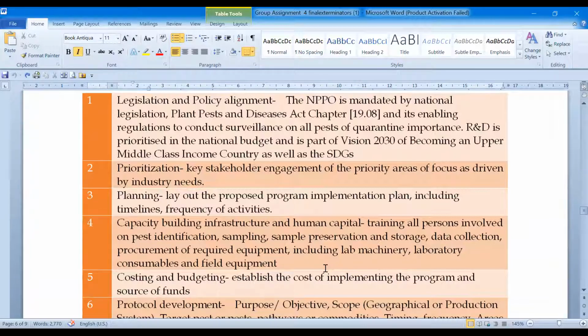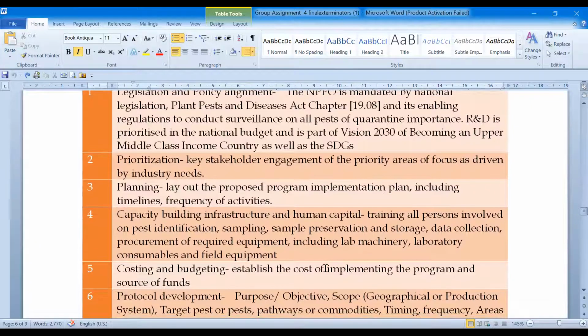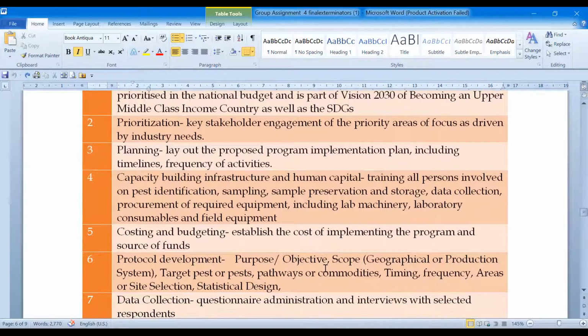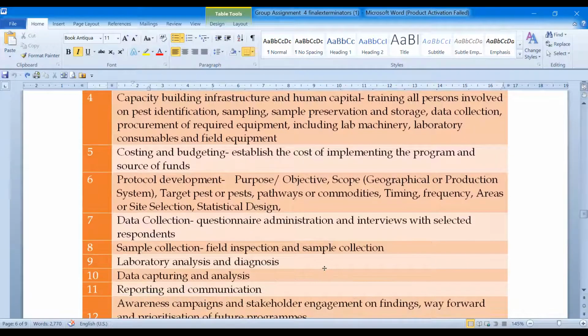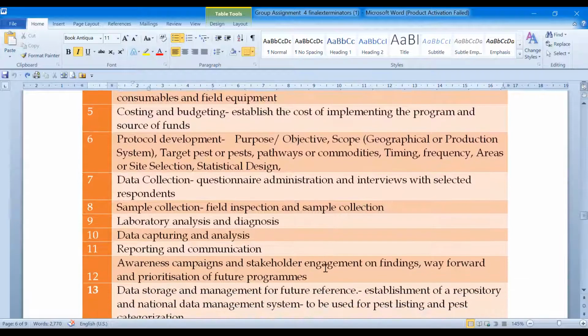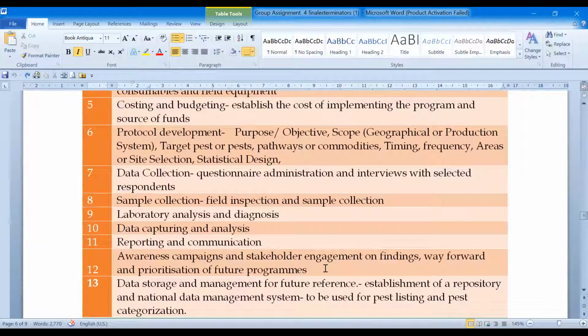They also do capacity building for the concerned staff in areas such as identification, sampling, preservation, storage, and so on. And then in terms of costing and budgeting, they establish the cost of implementing the program and source funding for it.